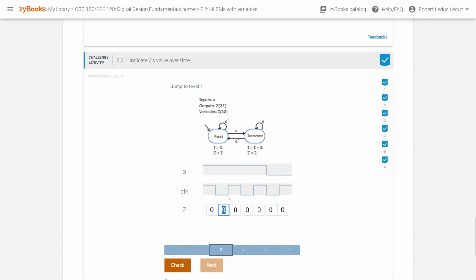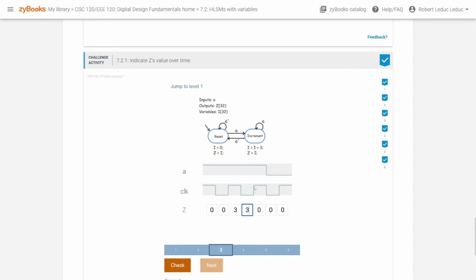Upon the first rising clock edge, we see the value of our input A is 1, which will transition us from the reset state to the increment state, which will increment the value of I by 3, which gives it a value of 3. And since output Z is equal to I, our Z value will be 3 for the full clock cycle.